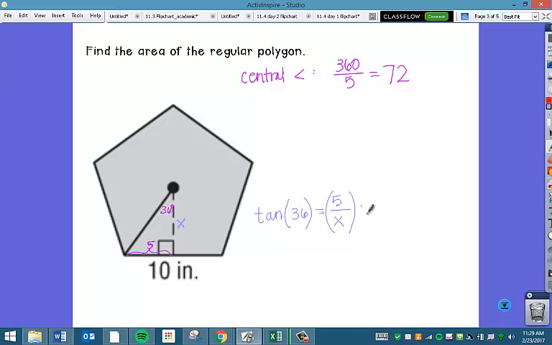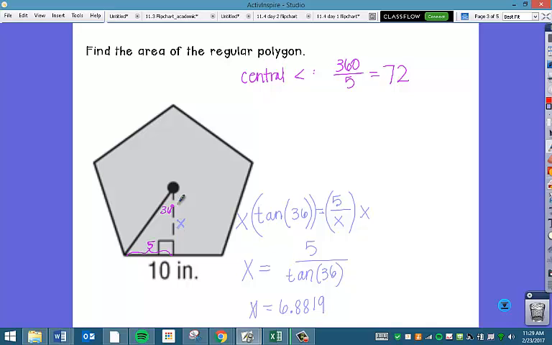I'm going to multiply both sides by x and then divide by tangent of 36. So I'll get 5 divided by tangent of 36. Making sure that my calculator is in degree mode, I'm going to get my apothem x to be 6.8819. So notice I'm not rounding it till the very end.